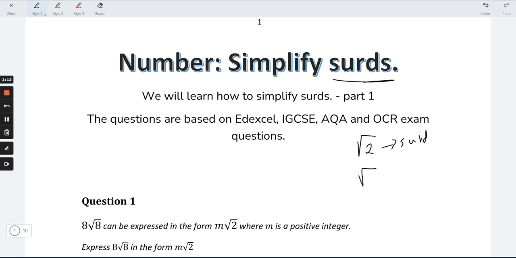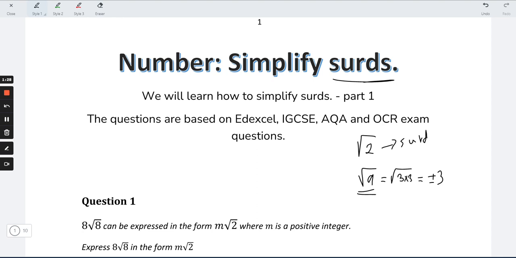For instance, square root of 9. And 9 is a perfect square, so we can find the root easily. So 9 is no more than 3 times 3, which means plus or minus 3.